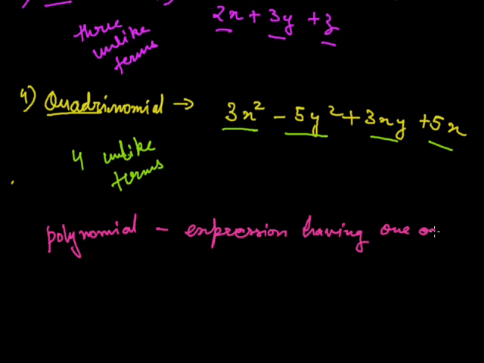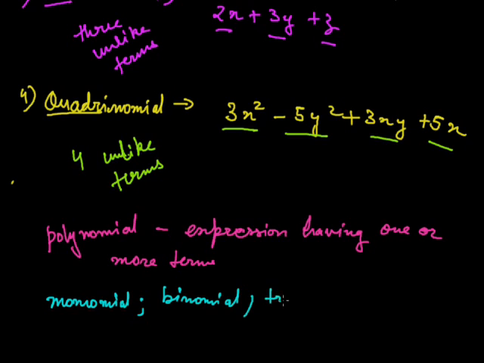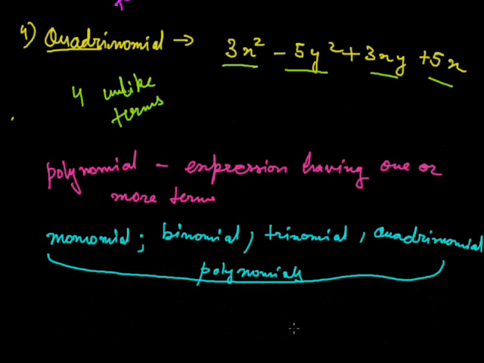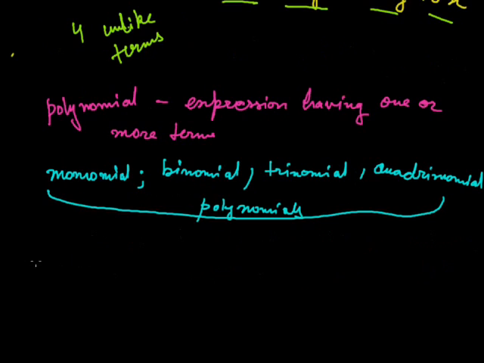All these algebraic expressions which we have studied just now, that is monomial, binomial, trinomial, quadrinomial, are also known as polynomials, and the expressions having more than 4 terms do not have a particular name, thus we call them polynomials only.